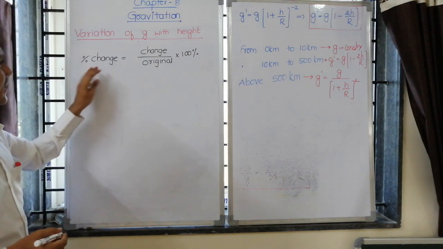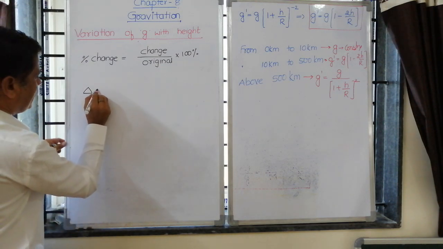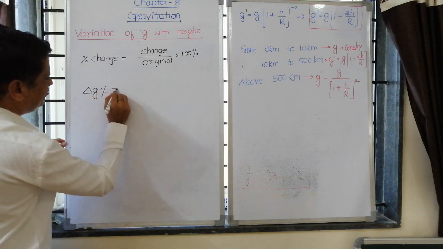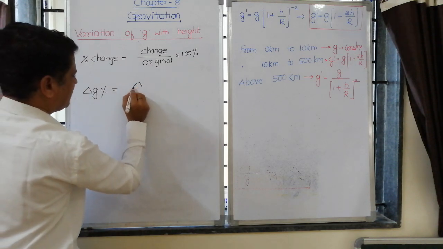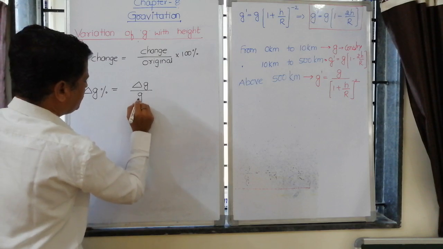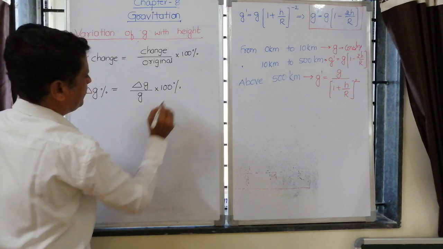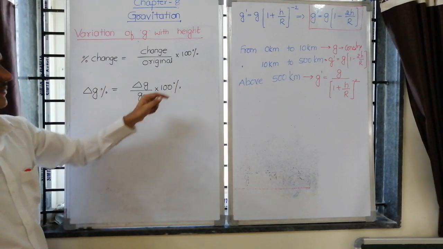So today I am interested in percentage change in G, that is delta G percentage. Here we have to take change in G divided by original G multiplied by 100 will give you percentage change. Okay, what's the answer?